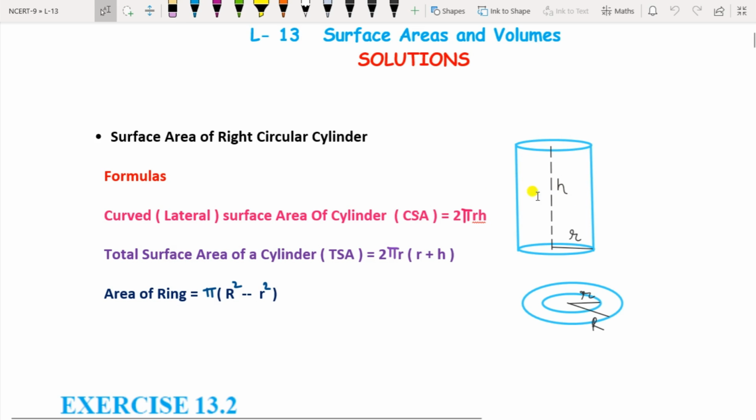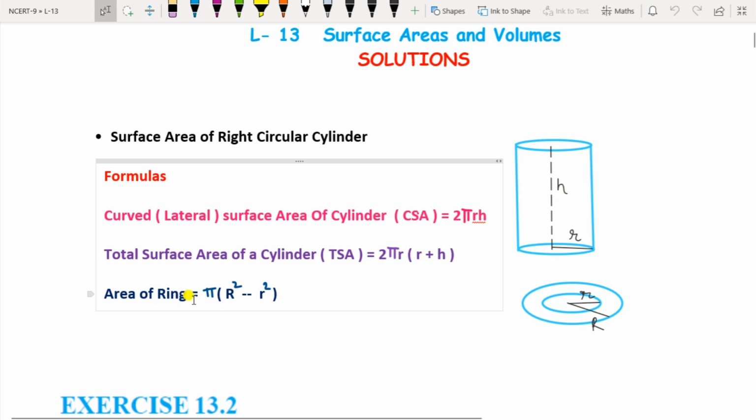You know the circumference of a circle is 2 pi r, and including the height it becomes 2 pi r h. Then the total surface area of the cylinder, TSA, is the curved surface area along with the top and the bottom, so it becomes 2 pi r (r plus h). This is the formula for the total surface area of a cylinder.